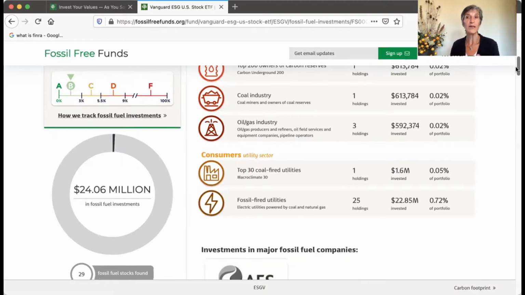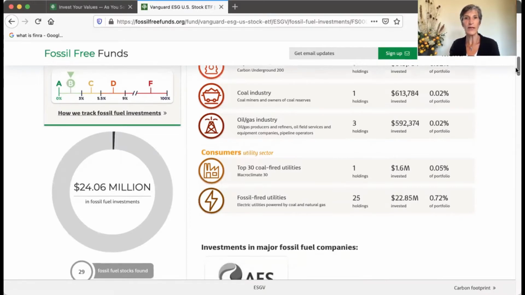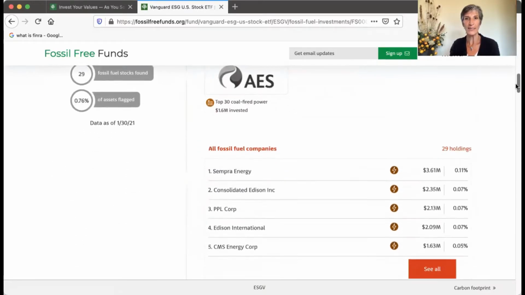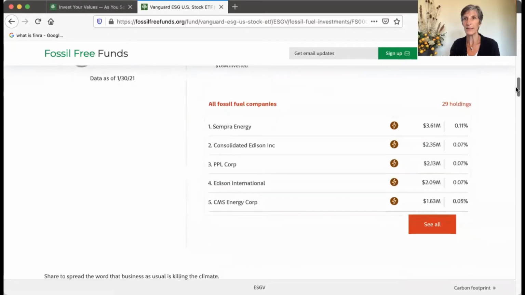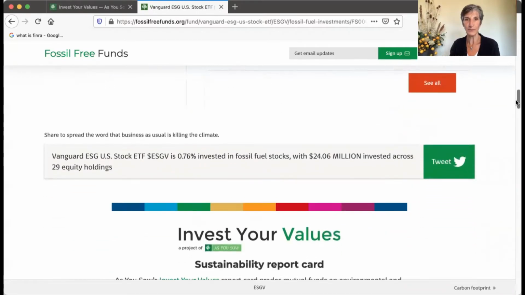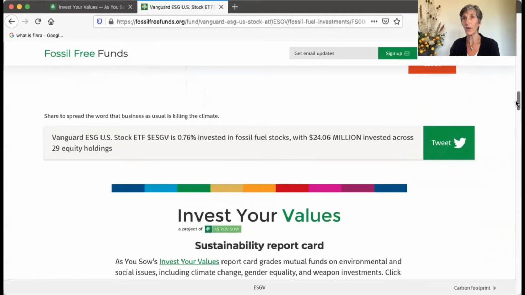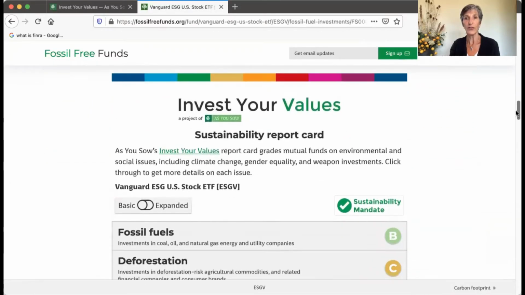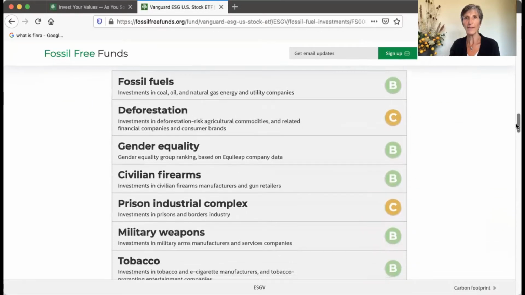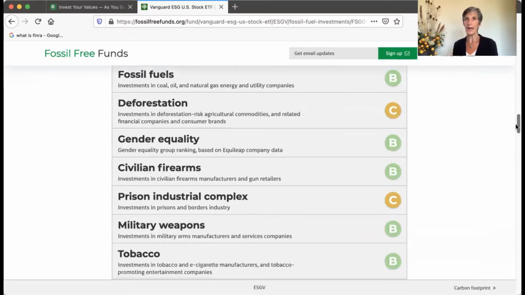So better, not perfect. And again, we can continue to scroll down and see some of the kinds of companies that this is invested in that may go against that fossil-free value. Scrolling down even farther, we get the entire grading of this particular fund. Now, it's way better. There are no Ds, there's no Fs. We're looking at basically a portfolio of B and C ratings.